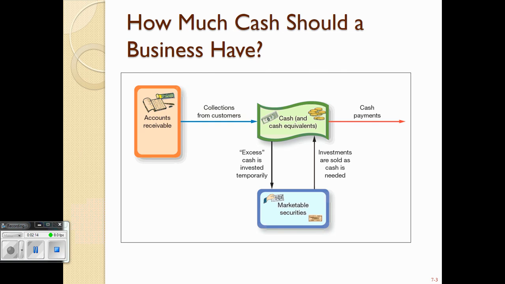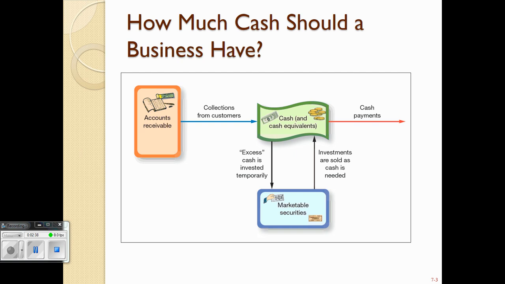If you look at what's going on in a business, you're going to see some sort of a flow chart that looks like this. We're expecting our customers to pay you, so we have some accounts receivable. And then what we may do is take some of that excess cash and invest it temporarily into some sort of marketable security so we earn at least some interest on it, some rate of return on it.